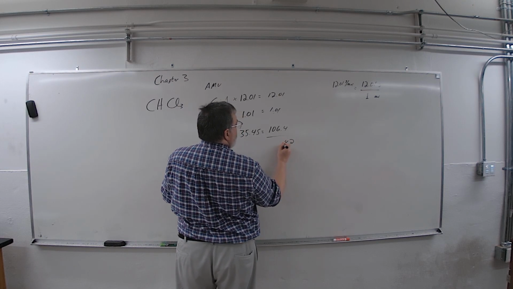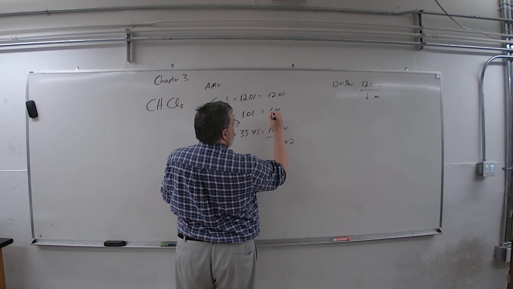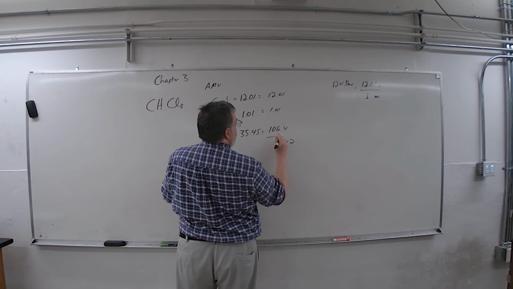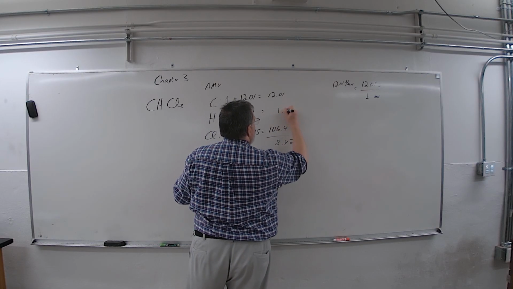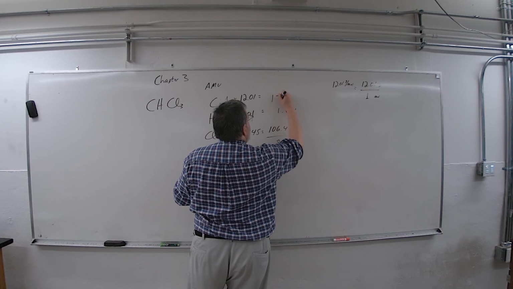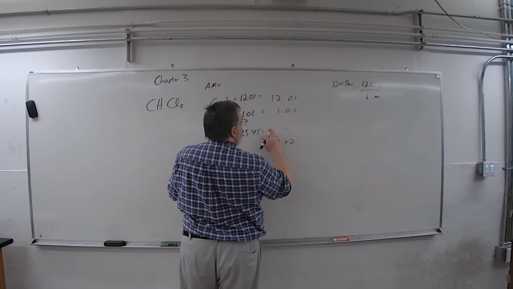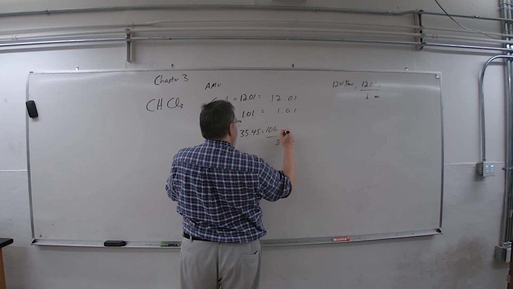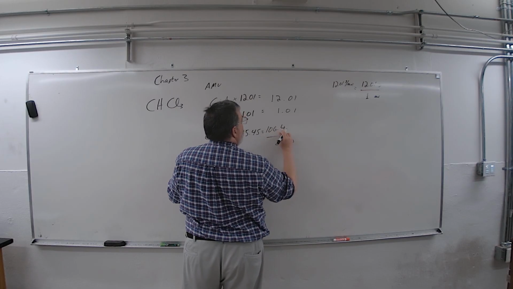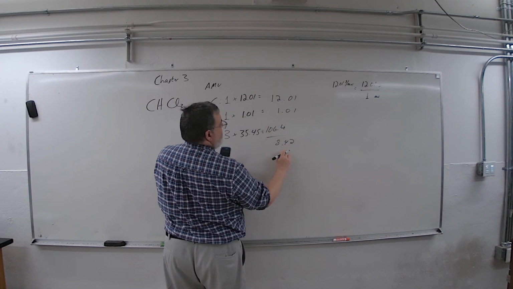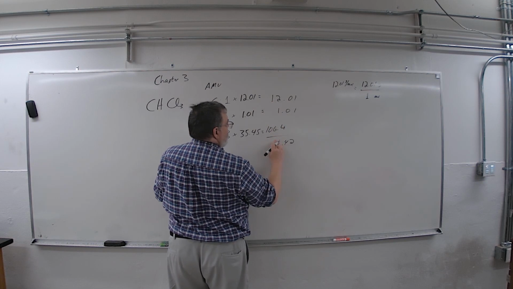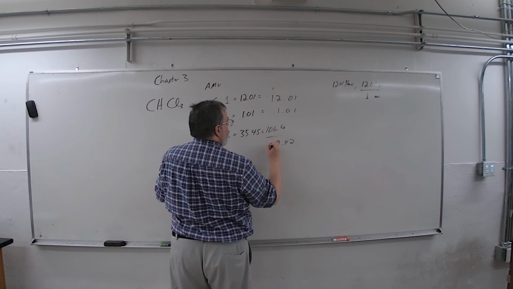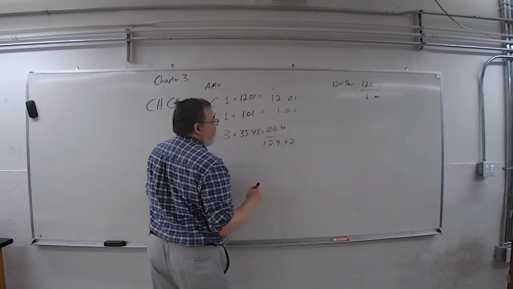Maybe I can do it in my head. I'm already lost. 106.4. So it's 2 there, 4 there, 6, 7, 8, 9. 129.42.